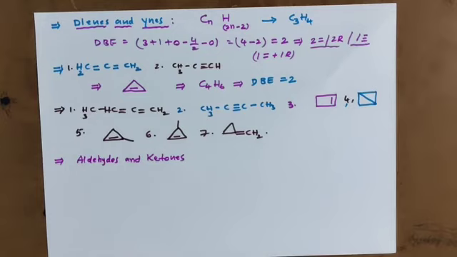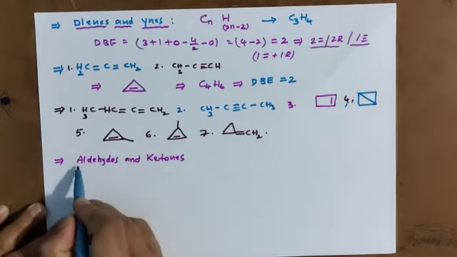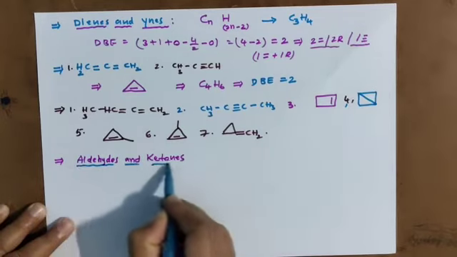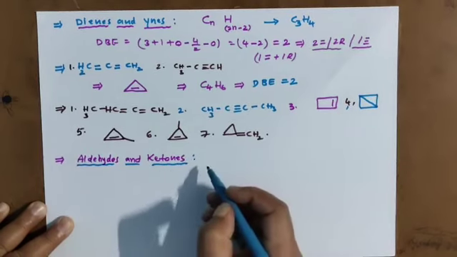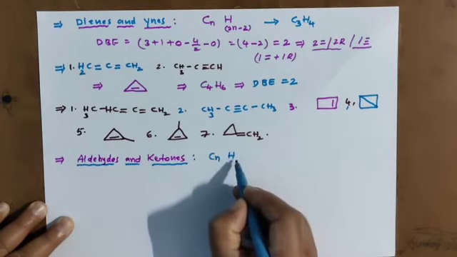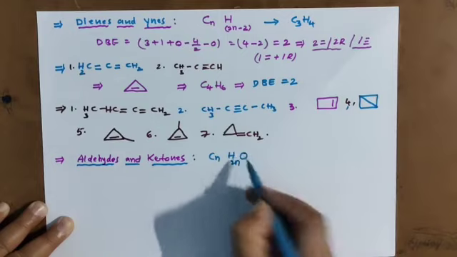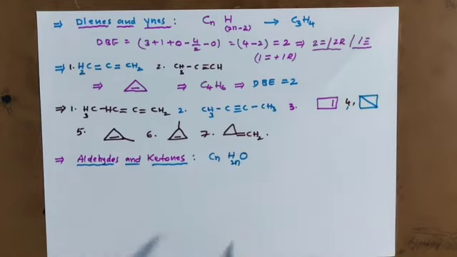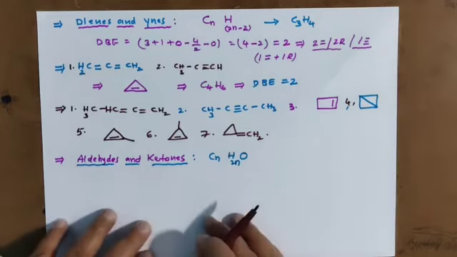What are aldehydes and ketones? How can we address them? They have the same general formula. What is that? CnH2nO. So wherever you see such a general formula, those are aldehydes and ketones, which show functional group isomerism.